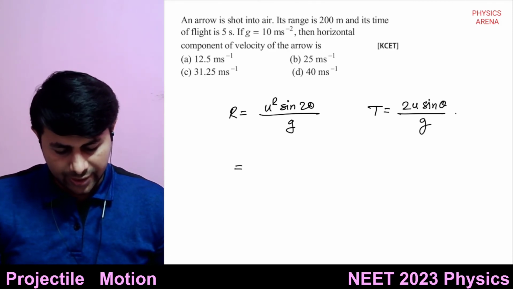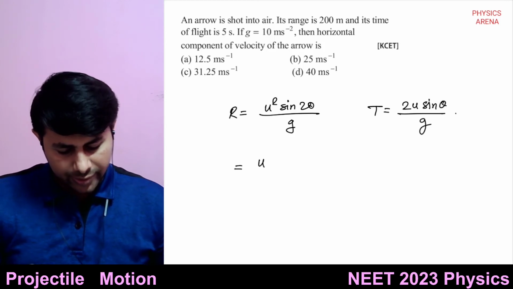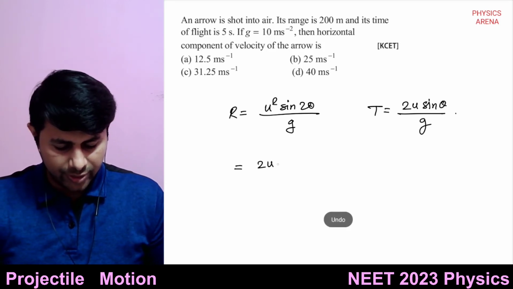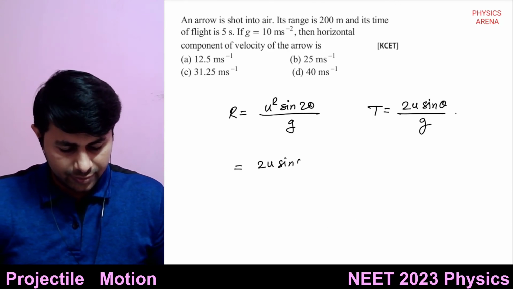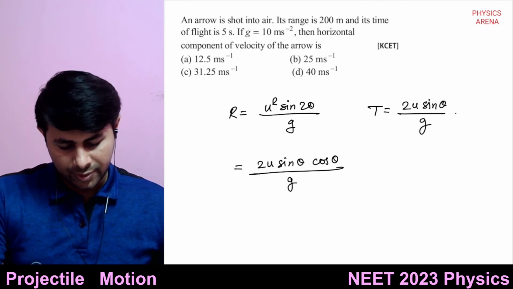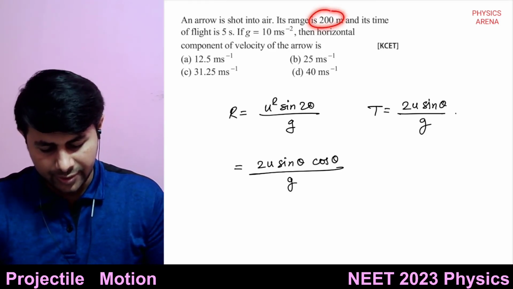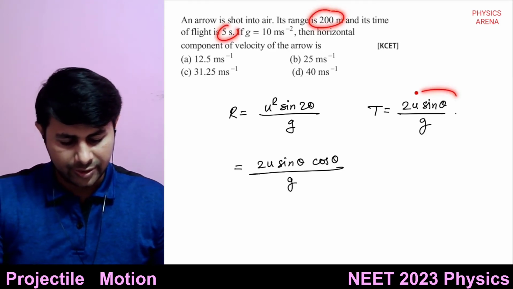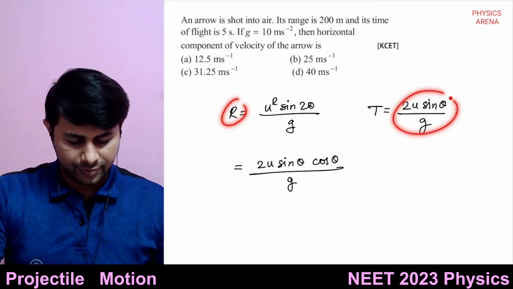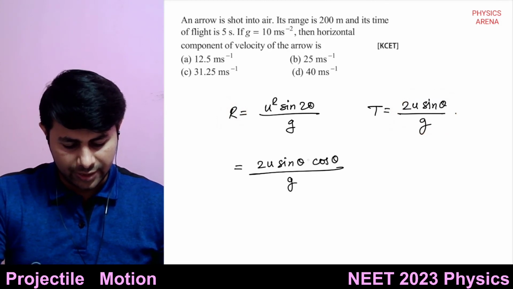So this can be written as u square sine 2 theta, which can be written as 2 times u square sine theta cos theta divided by g. Okay, because range is given and time of flight is given. So can you write range in terms of time of flight? Yes, we can. This is 2u sine theta.